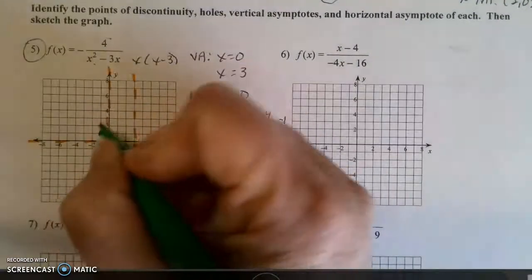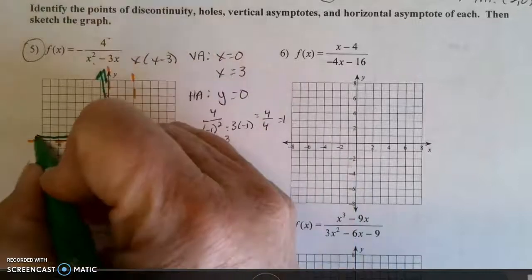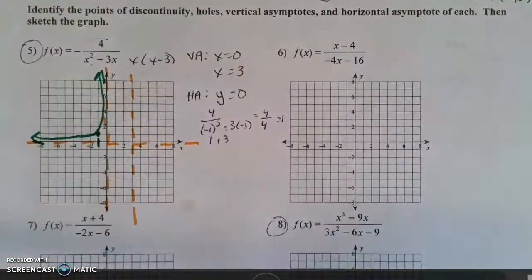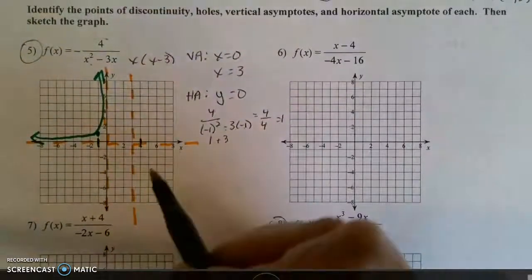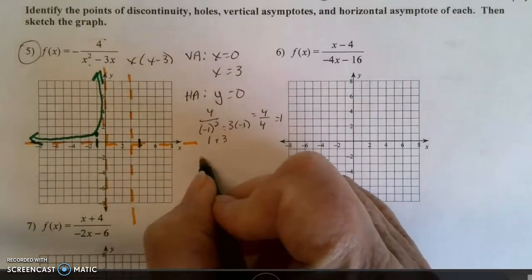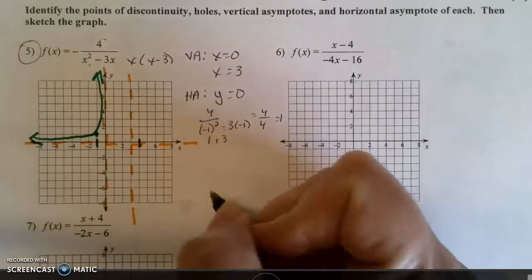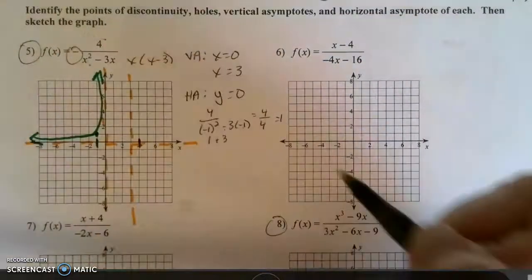So it's up here. So my graph, remember I'm approaching. Now I'm going to get this side over here. And here's where I'm going to teach you some things. So 4. Oh, crap. I forgot that negative sign.